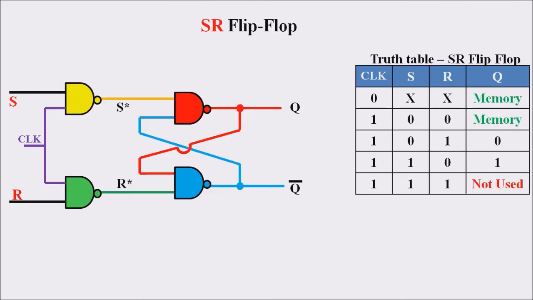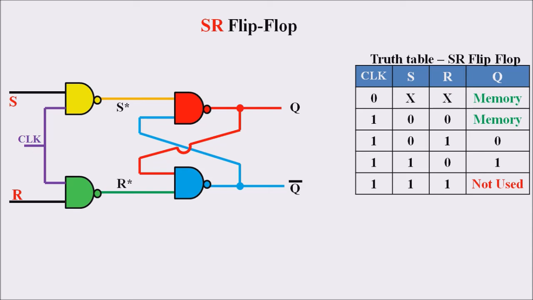So my dear students, this is how the SR flip-flop is designed. And if we are consolidating the discussed terms, a clock signal 0 will result in the memory condition, and the clock signal 1 results in 4 different conditions. With S equal to 0, R equal to 0 results in a memory condition.